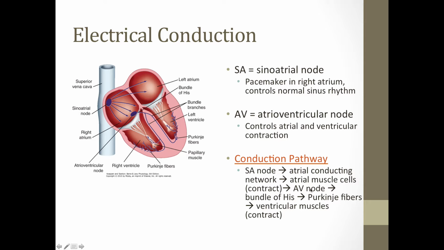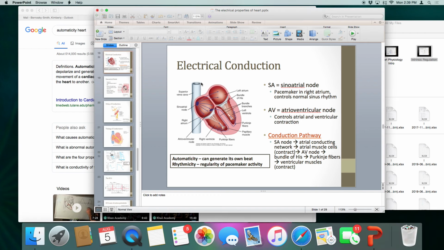Then that spreads to the AV node, then the bundle of His, or sometimes they call that the AV bundle, to the Purkinje fibers, which then spread out to the ventricular muscles so that they contract. So we have the constant stimulation of these pacemaker cells spreading out their depolarization through this conducting network. And that, my friends, is how the heart works.